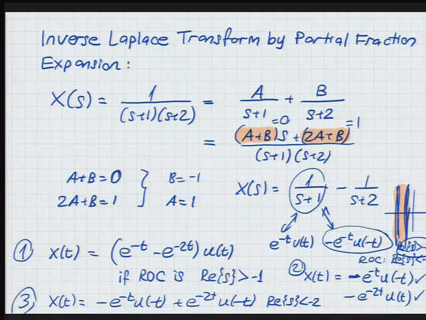There is, in fact, a potential candidate for a fourth one, right? I could pair it differently. I could choose the left-sided signal from here and the right-sided signal from here. But the left-sided means real part of S has to be bigger than negative 1. Right-sided requires less than negative 2. There is no intersection of those two, right?